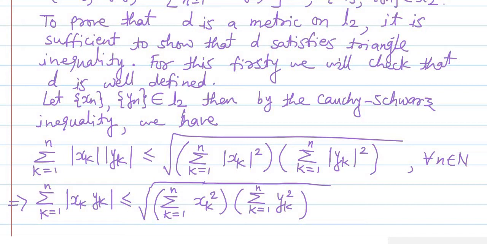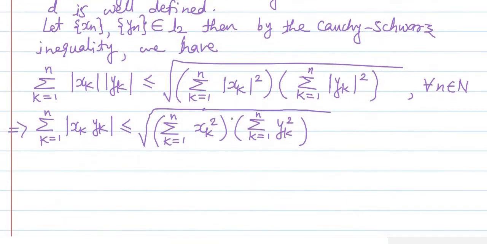And again we know that summation over k equal to 1 to n xk square is less than or equal to summation over k equal to 1 to infinity xk square, and similarly for the second also.